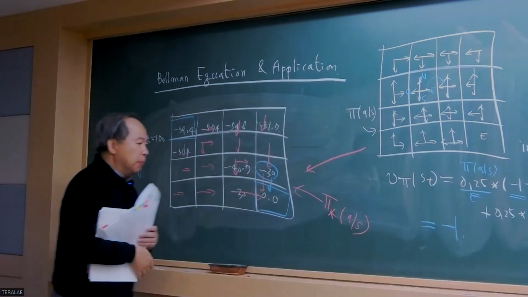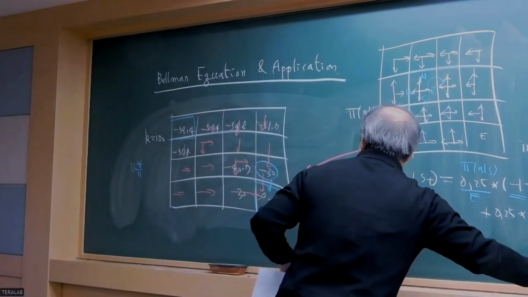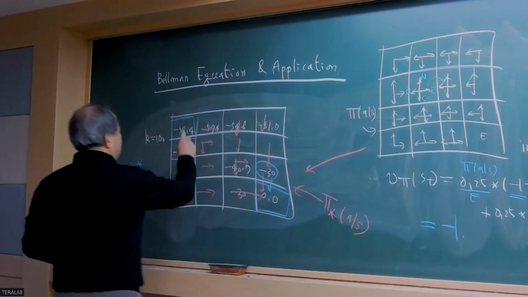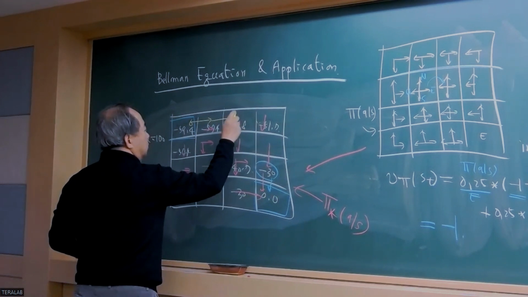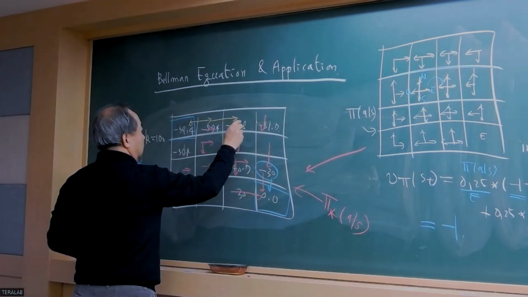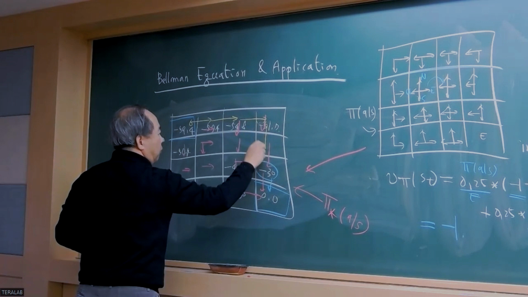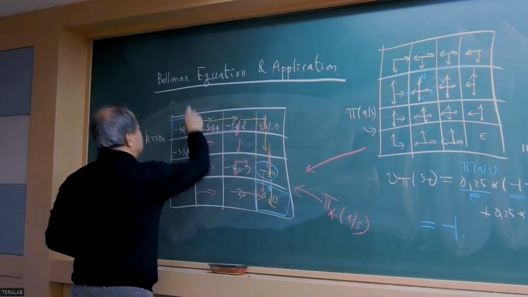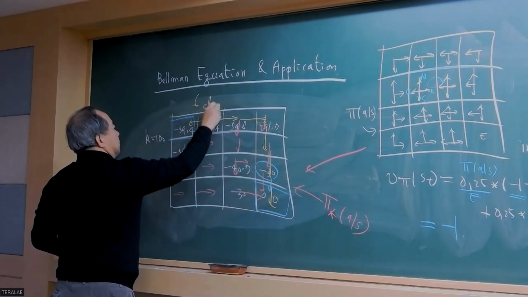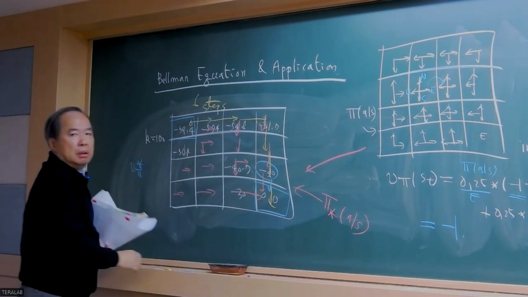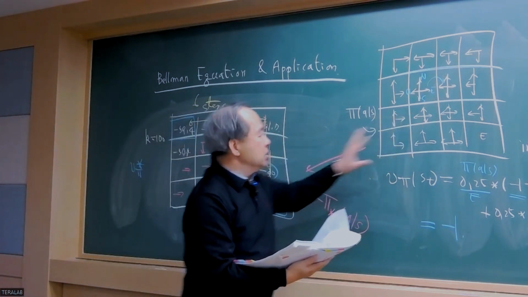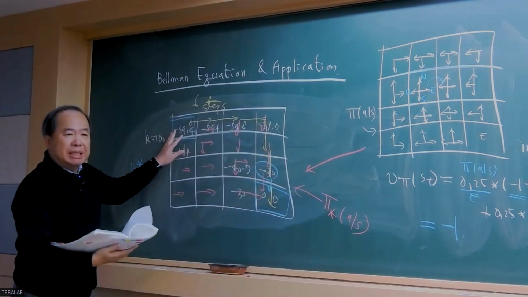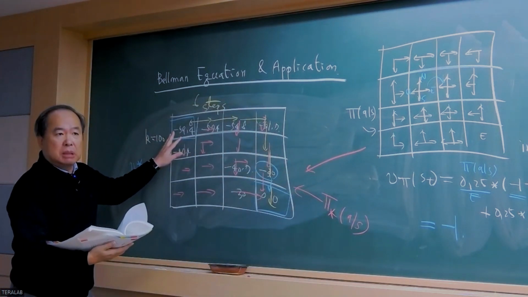If you follow this optimal policy, the maximum number of steps from here is 1, 2, 3, 4, 5, 6. Sixth step. If you have wrong policies, you may take more than 60 steps expected.